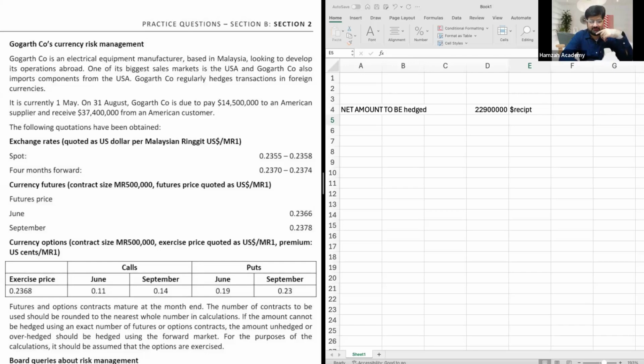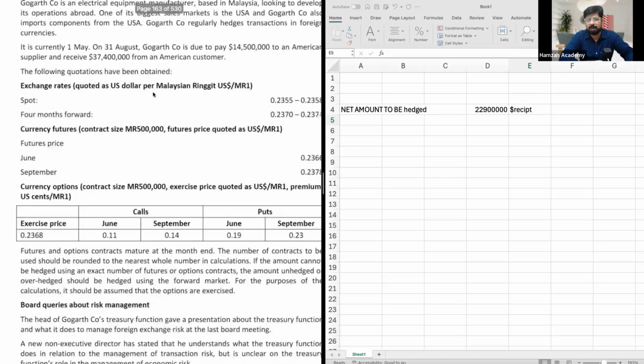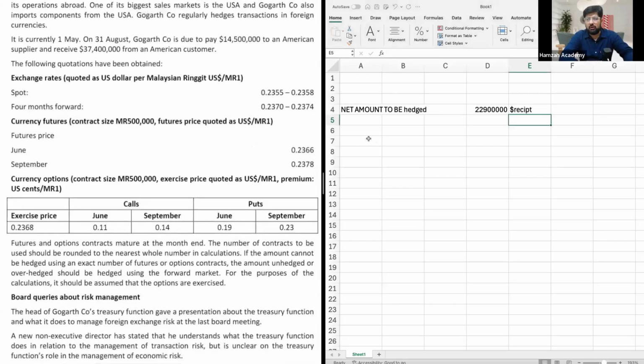the next point is the first one, the forward contract. What is the amount to be received under the forward contract?